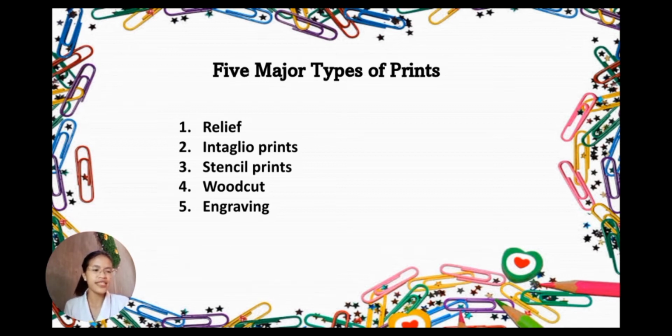So the surface that images have been carved into is often wood, linoleum, or metal. So the remaining surface is covered with ink or pigment, and then paper is pressed into the surface.